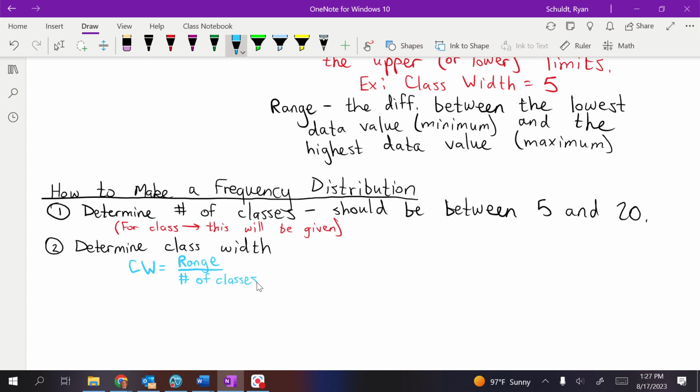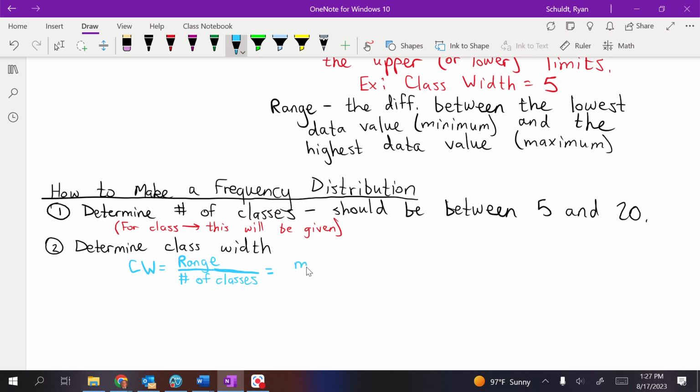Is that what it says on your formula sheet, or does it say something different? For those that are looking at it, that's what it says on the formula sheet? Okay. What did we say range was, if we look at our definition of range? Okay.